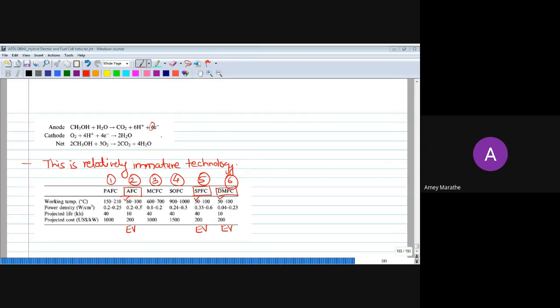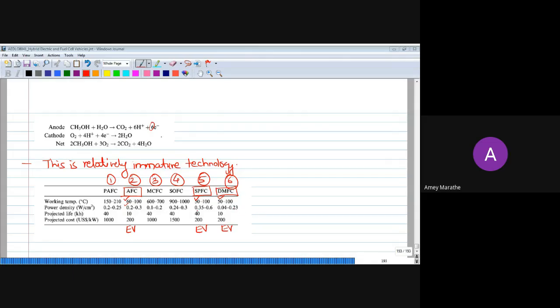You see the power density provided by these fuel cells. As we know, if the power density is high, the size can be less. And you see 0.2 to 0.3, 0.35 to 0.6, 0.04 to 0.23, which is still in the R&D stage.